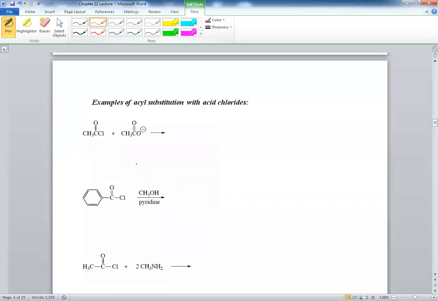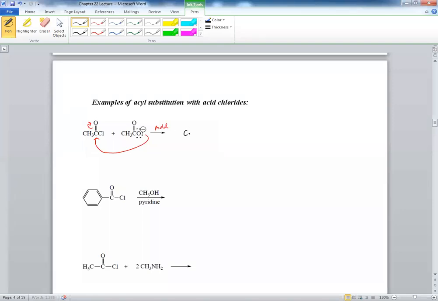So here we go. We have acid chloride. We have a nucleophile. Let's put the lone pairs on the O, attacking the carbonyl, breaks the pi bond. So you're adding the nucleophile. That's that step.